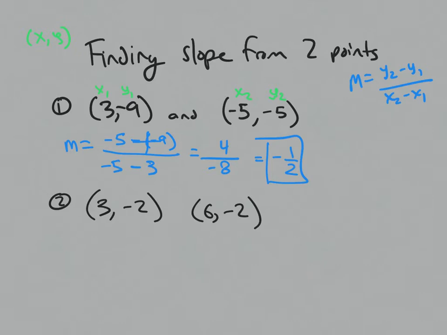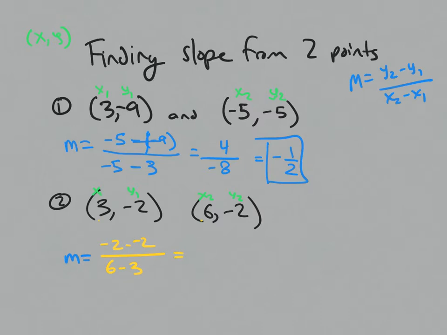Okay. Then in the second problem, I'll do m equals, again, I'm going to subtract my y's. So we'll do x1, y1, and x2, y2. And when I subtract the y's, I get negative 2 minus negative 2 over 6 minus 3, x2 minus x1.